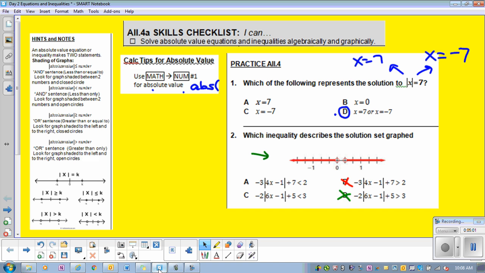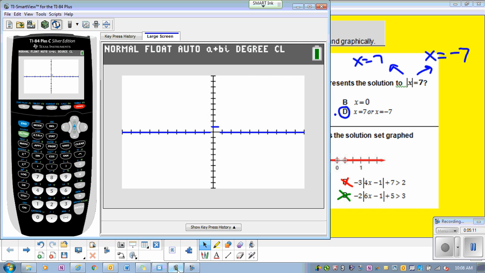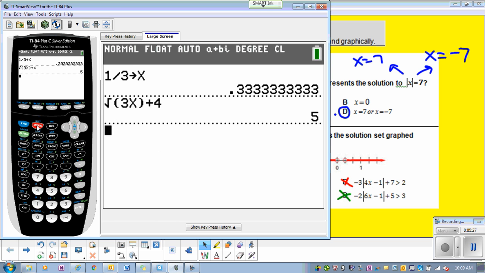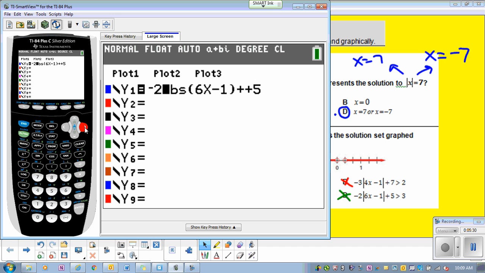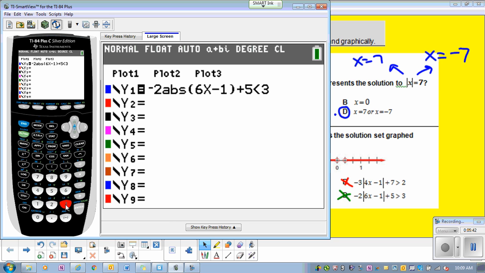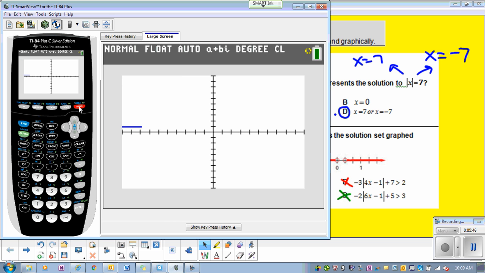So which one now? Let's try C. All right, let's see.